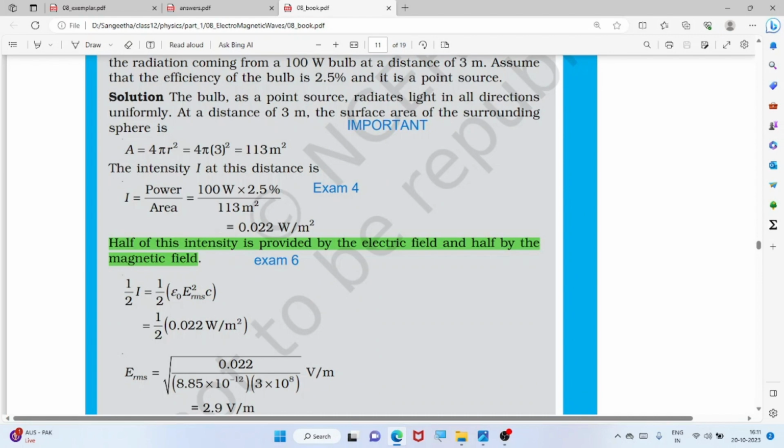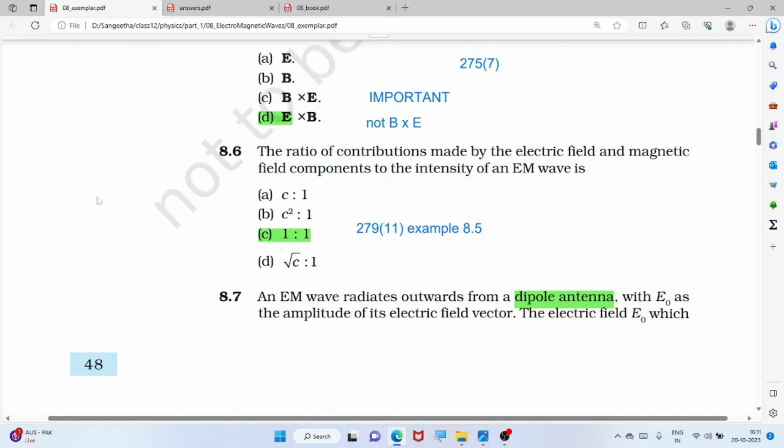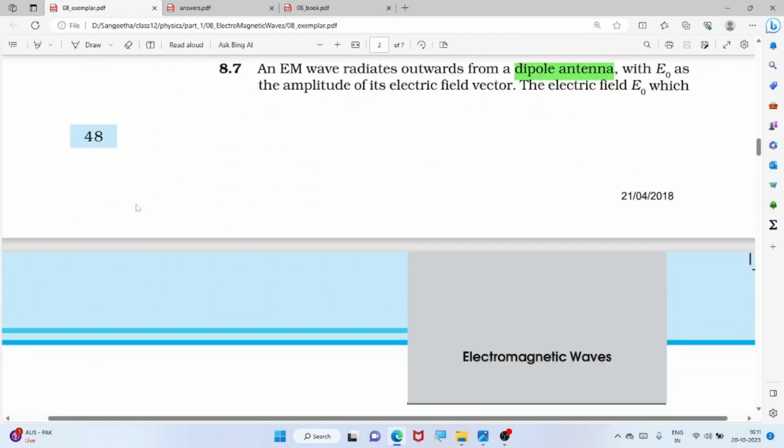Half of the intensity is provided by the electric field, half is provided by the magnetic field. So it is 1:1.